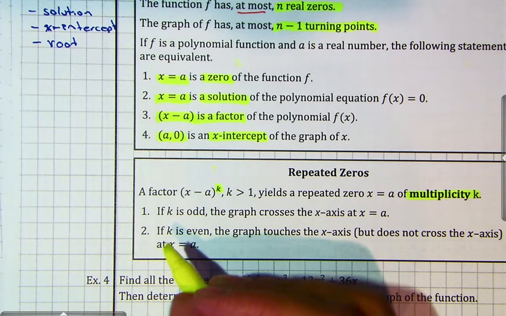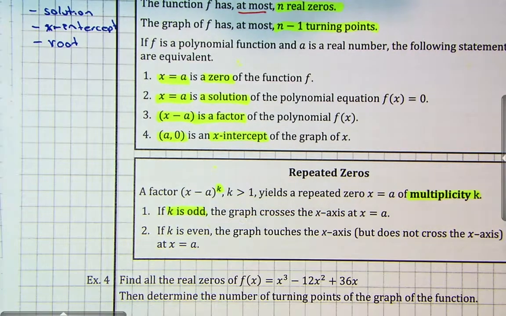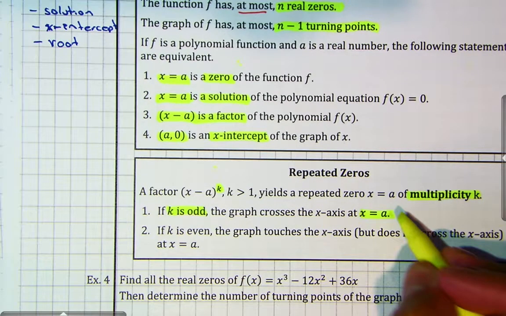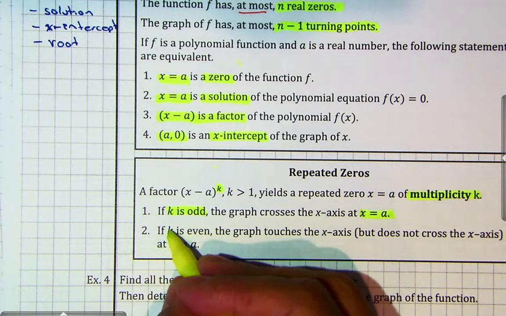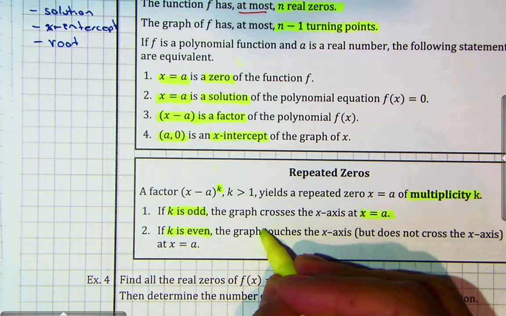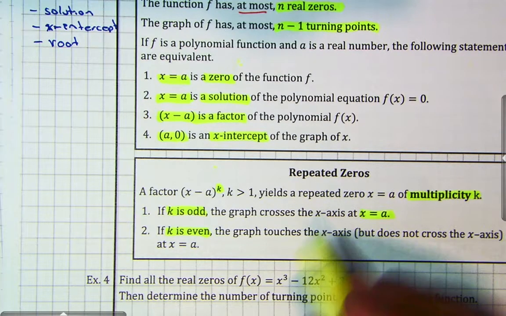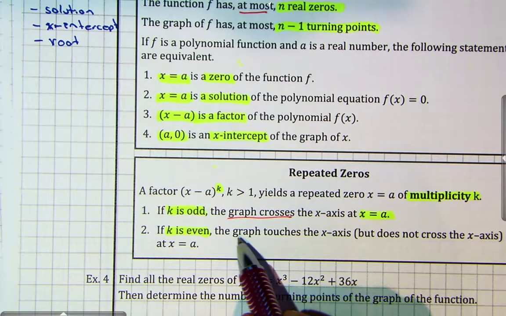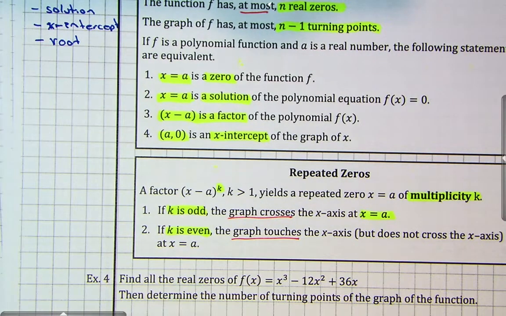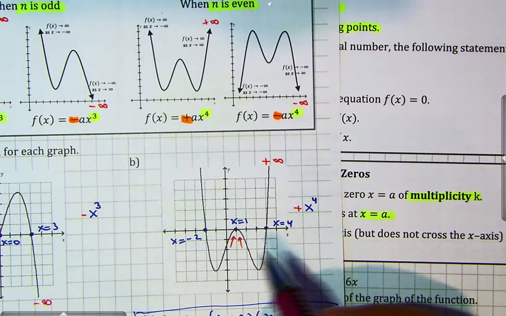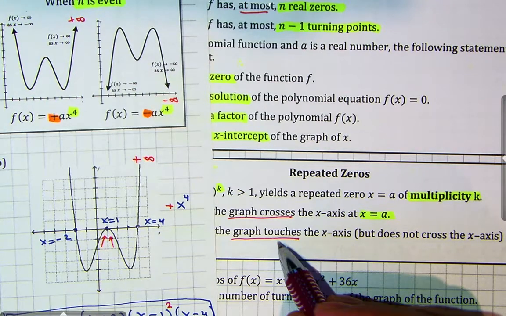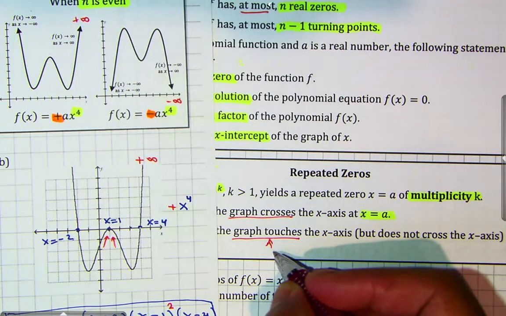If k is odd, then the graph crosses the x-axis at x equal to a. If k is even, then the graph will touch it. So the difference is whether it crosses it or whether it touches it. Notice that whenever it touches, we're going to call that it bounces.